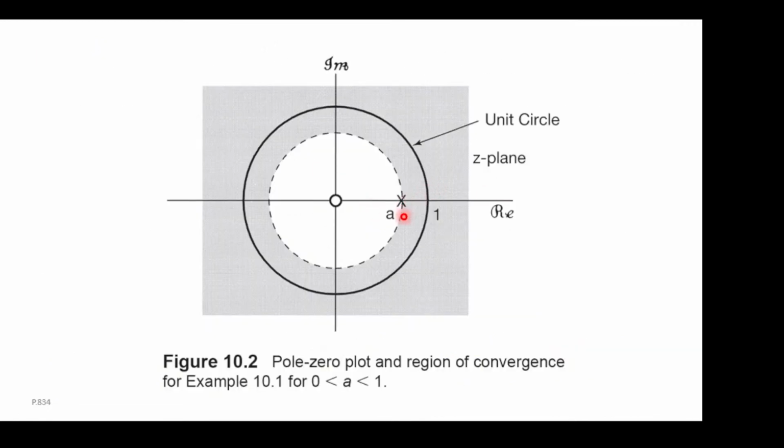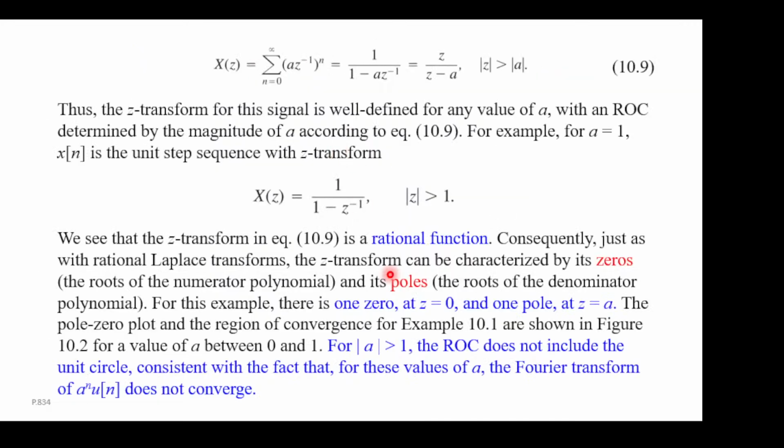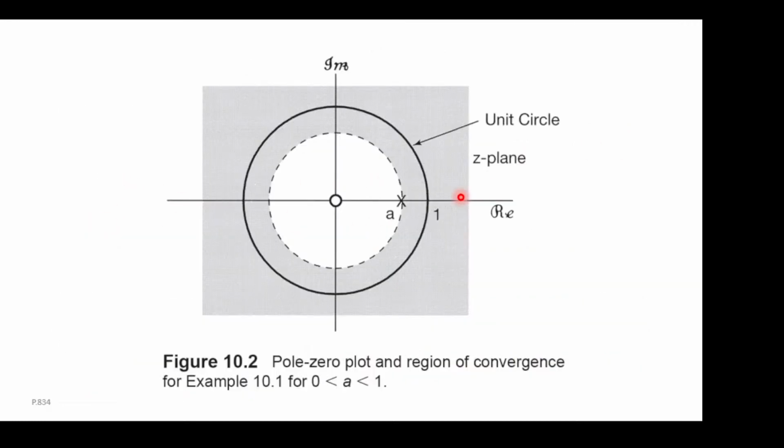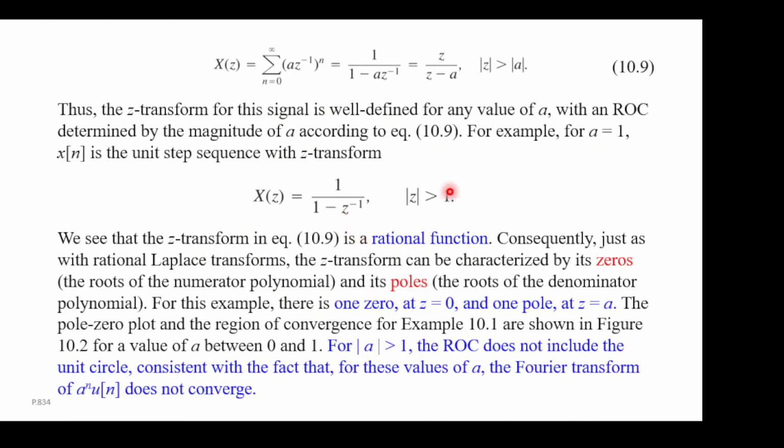And obviously this is for a between 0 and 1, and if a is bigger than 1, then your pole will be outside this unit circle and your ROC is still outside, then your ROC will not include this unit circle, and your Fourier transform doesn't converge, etc. Right? And also you can have a equal to 1, then your ROC is exactly on the unit circle and it's a bit weird, etc.